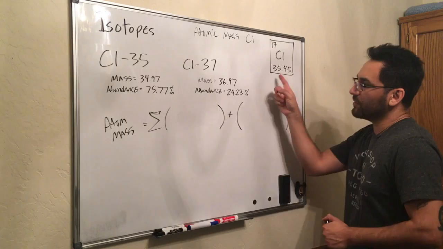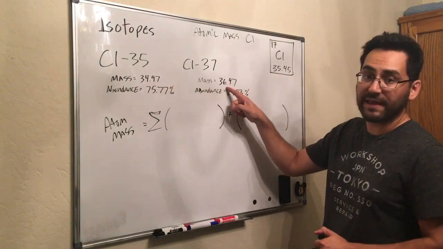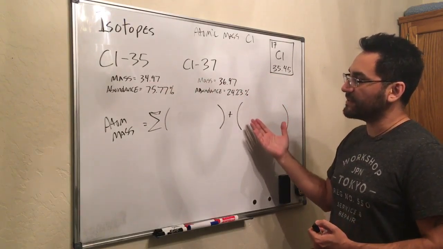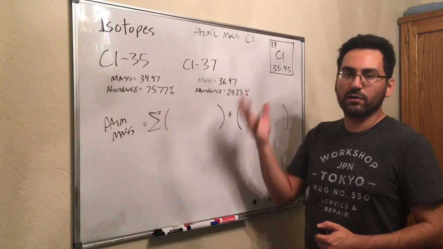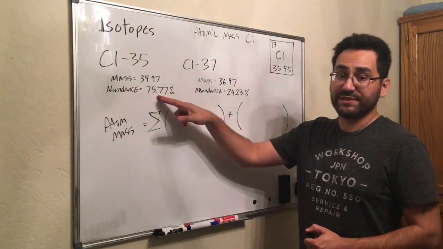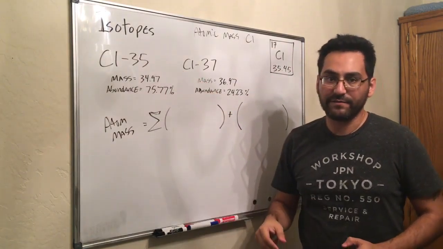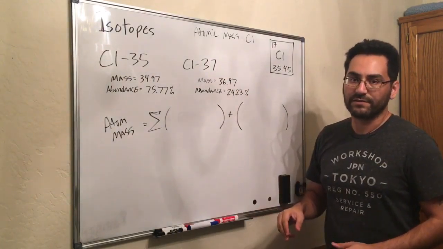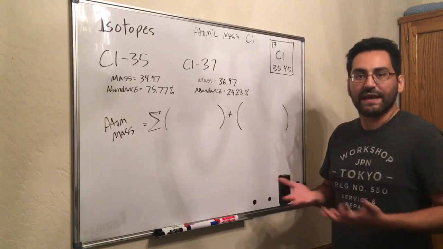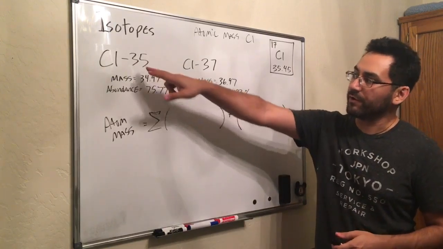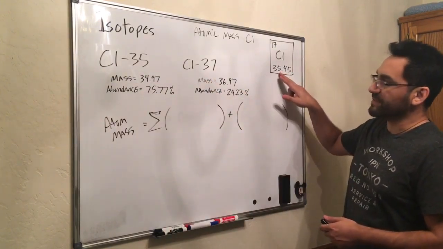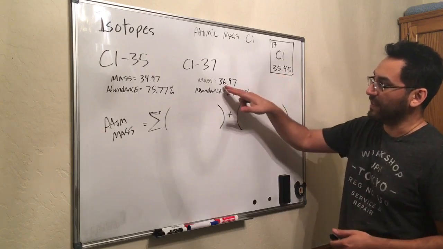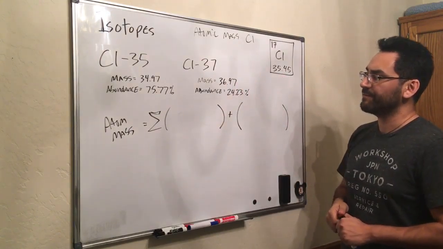So it's a little closer to this number than to that number. And that should make sense since out of all the chlorine atoms, 75% of them are chlorine-35s, and only about 25% are chlorine-37s. So it makes sense that when we take the average, since there's more chlorine-35s, our mass is going to be closer to 35 than 37 or 36.